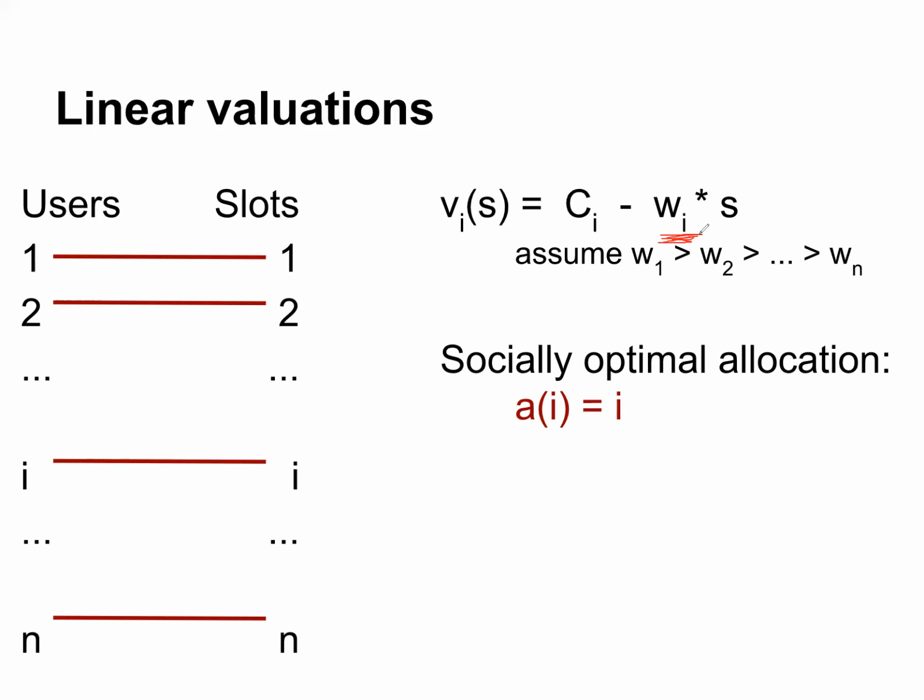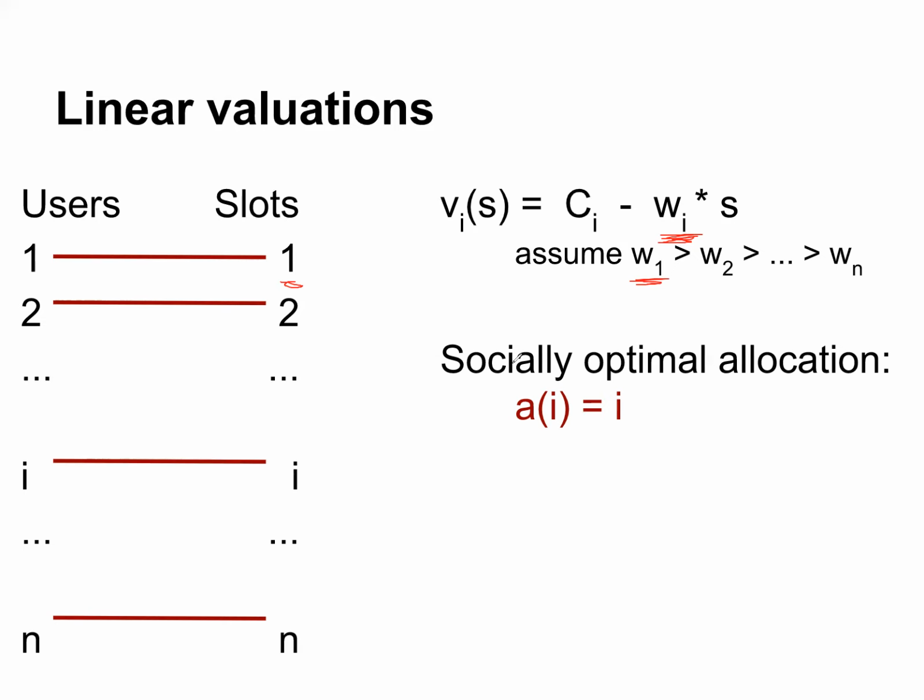Then, of course, every user would be willing to get the first slot. So every user would be willing to say, oh, I'm so impatient. It costs €1 million to delay me for 1 minute. So the users will be willing to misrepresent their evaluations, misrepresent their info. The mechanism will not be truthful.